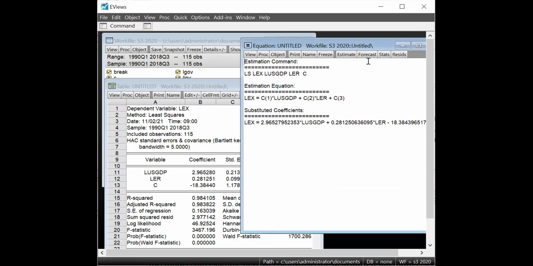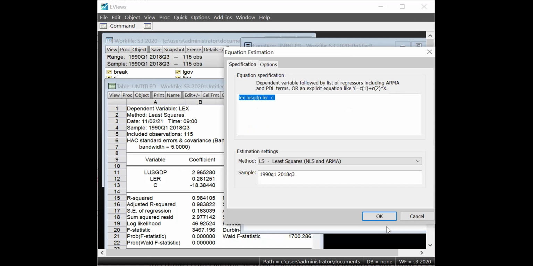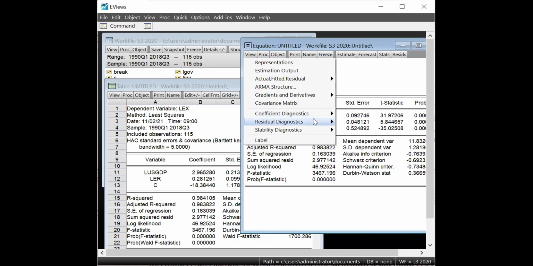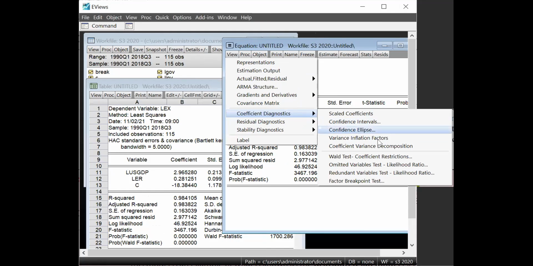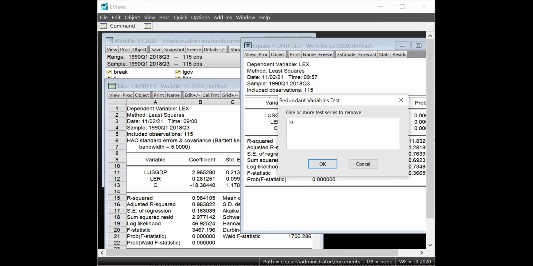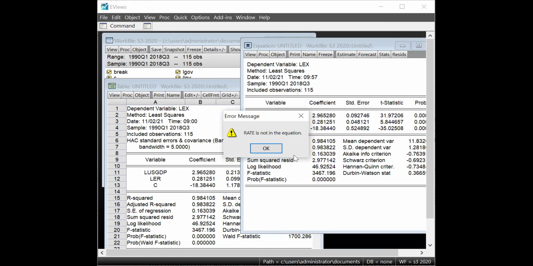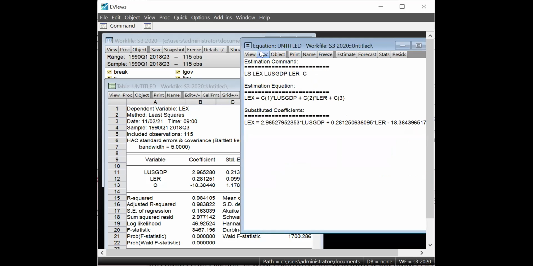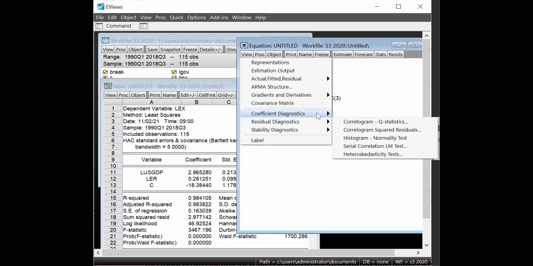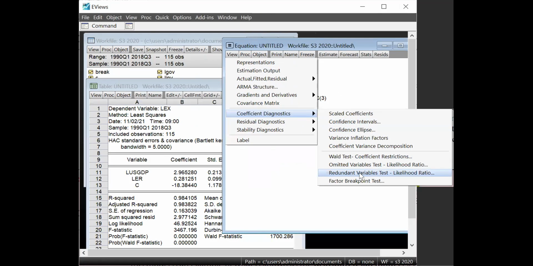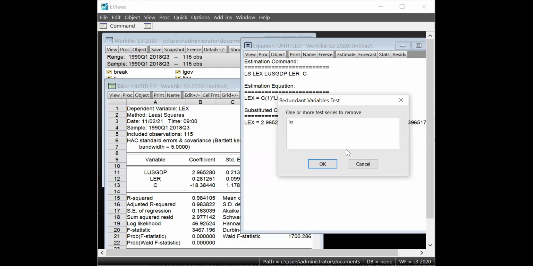We estimate this linear regression model, and then we include the variable here.